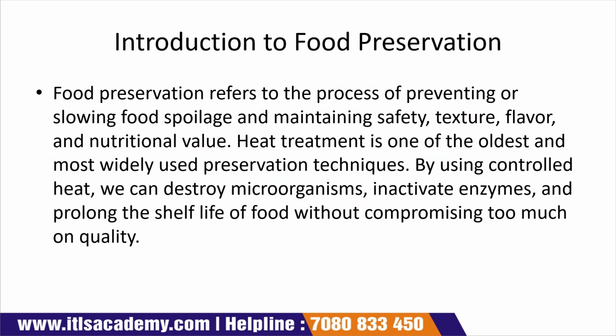Food preservation refers to the process of preventing or slowing food spoilage. The main aim of food preservation is what? We have to either prevent the food spoilage or slow it down. Now, this food spoilage occurs either due to the presence of microorganisms, due to enzymatic reactions, or due to chemical reactions.